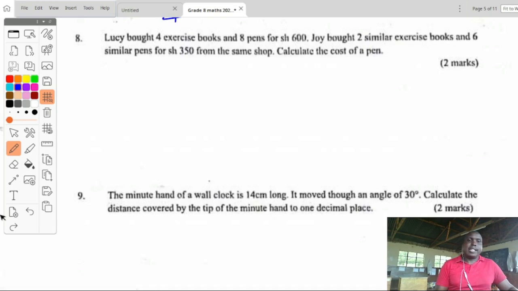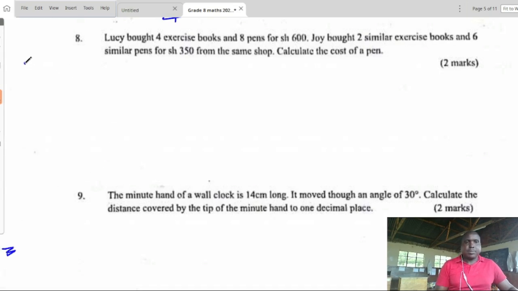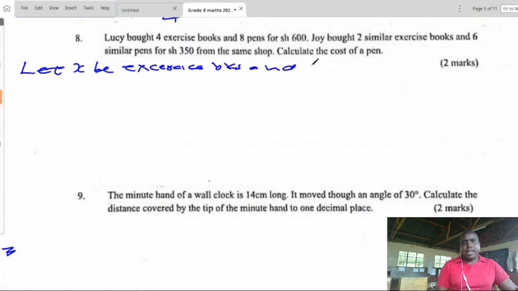So you can say let P, or we can use X. We have exercise books, so let X stand for exercise books, and P be pens.